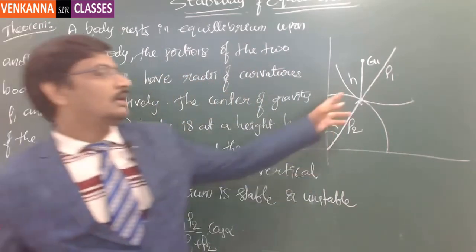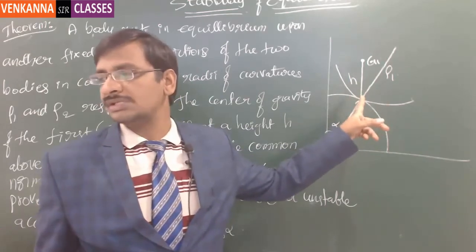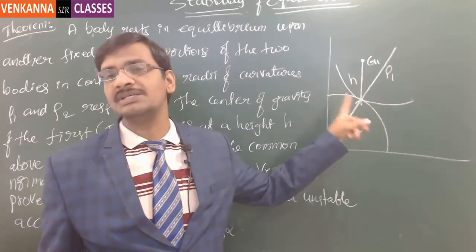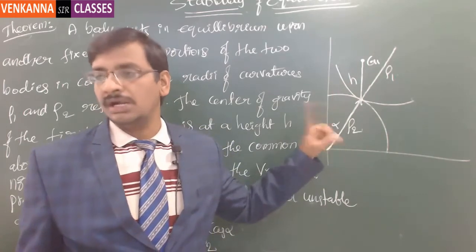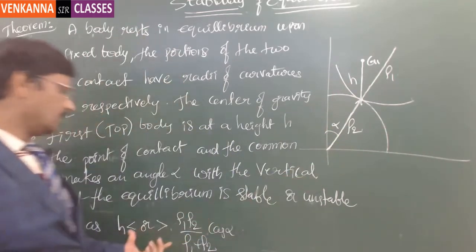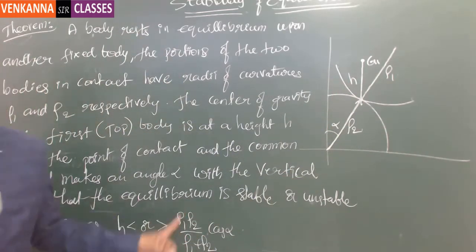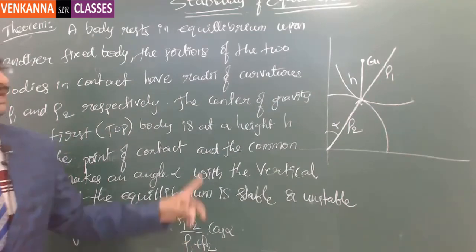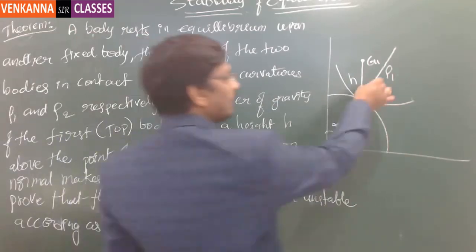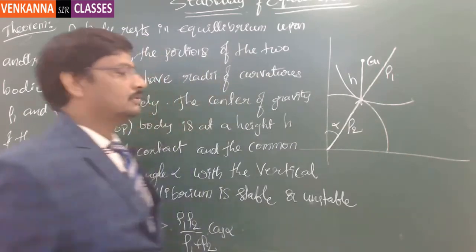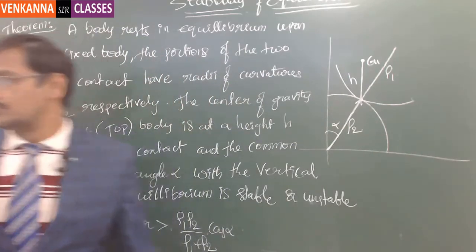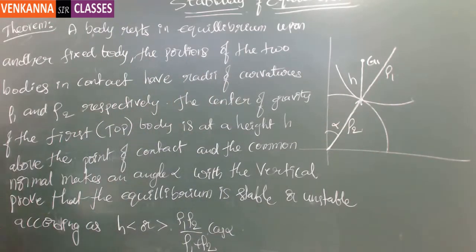Now, this body which is under equilibrium condition, whether it has a stable equilibrium or not depends upon this particular condition, where rho 1 and rho 2 are the radii of curvature for the top body and the bottom body. Got it? I hope you understood the problem statement. Now we have to prove this.